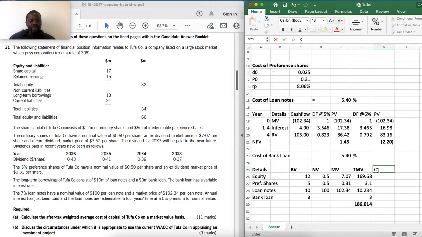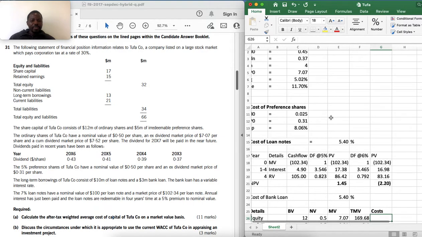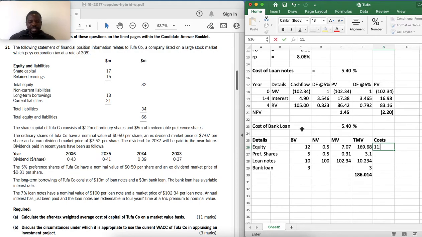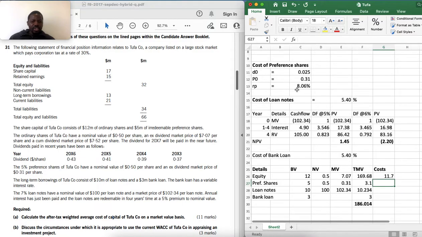Then we'll put our costs here. Our costs here, for preference shares, we say it is 11.70. Our cost of equity, we said 8.06. Our loan note, we said 5.40. We said we'll use the same rate for the bank loan.